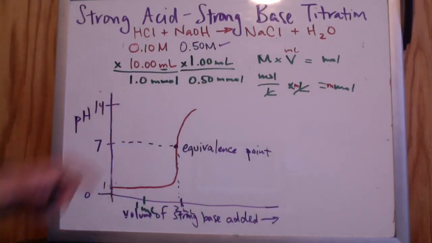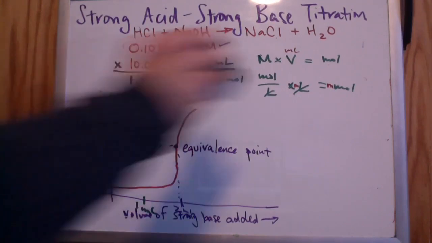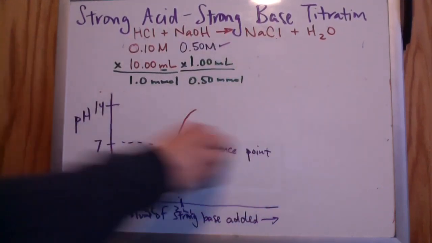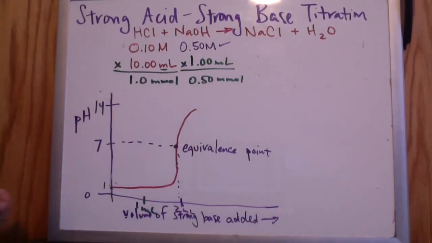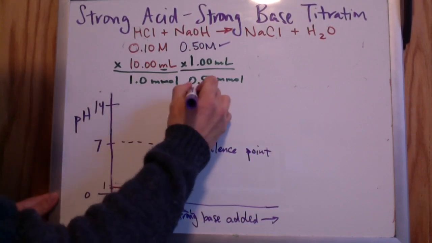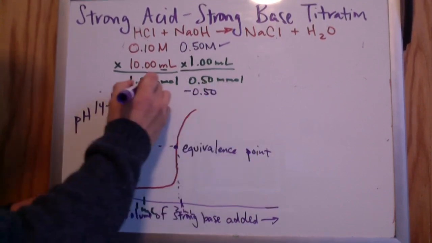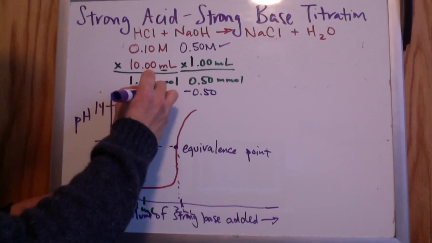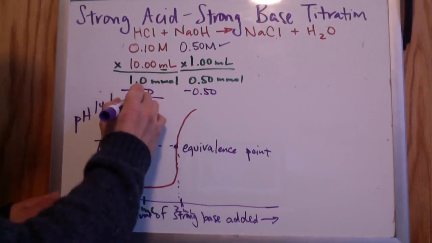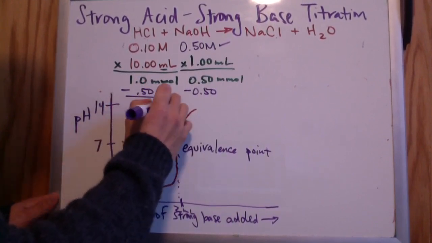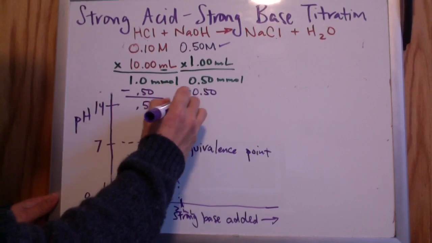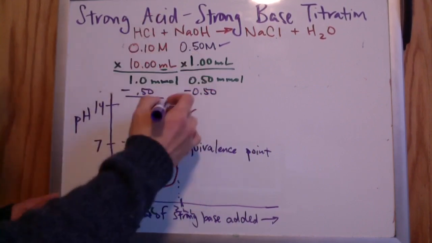All right, so now this is simple stoichiometry again. So which one would be limiting? The limiting reactant would be the sodium hydroxide. So minus 0.50, minus 0.50, and then we end up with 0.50 millimoles of HCl left over.